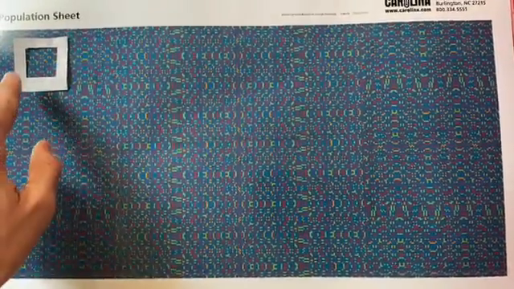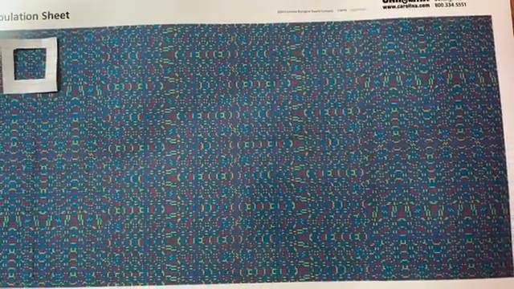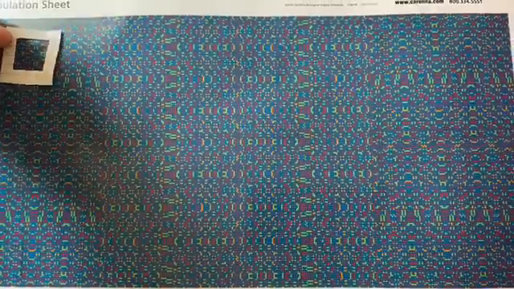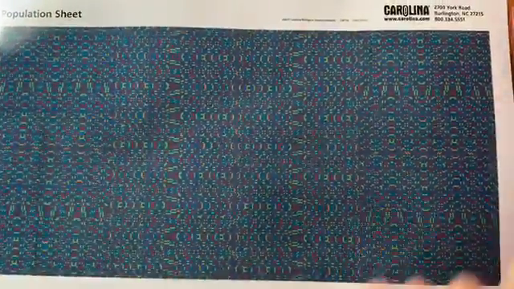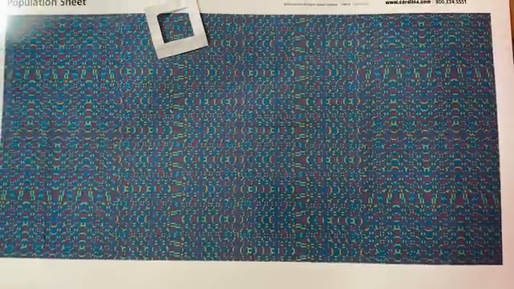My little square happens to be a 1-inch square, so it's 1 inch on all sides on the inside. And so now maybe I have 25 green squares in there. I know the area of my quadrat. I know the area of my forest, and I could use that to estimate how many green trees there would be in that total area.